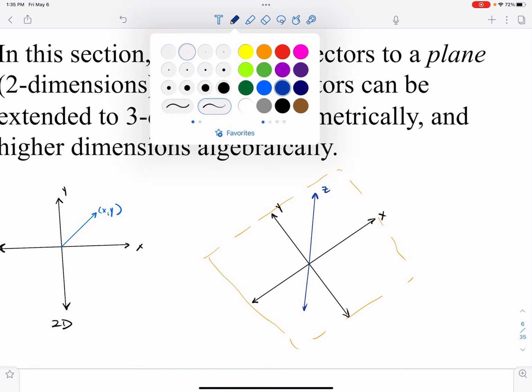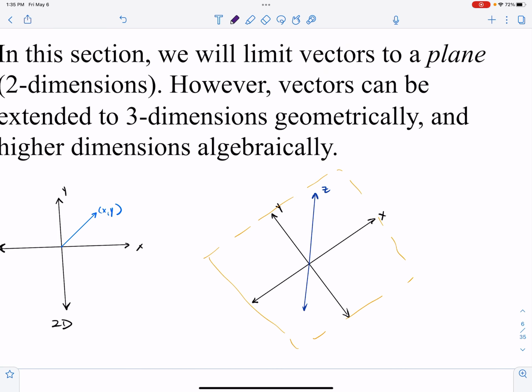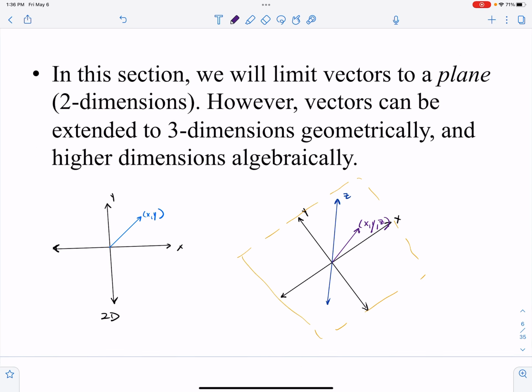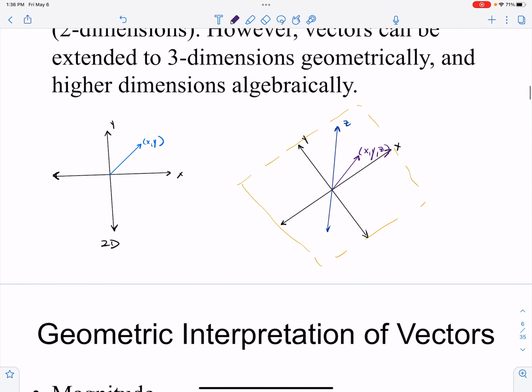If we have a vector in 3 dimensions, we're thinking of that vector as not necessarily being on the XY plane, although it could be, but somewhere in 3-dimensional space, and we could call the point where it terminates the point x comma y comma z. That vector could also move about three-dimensional space, not changing its magnitude or direction, just like we would in 2 dimensions.